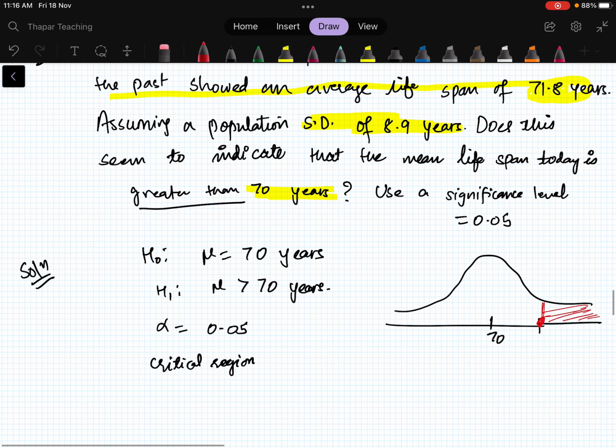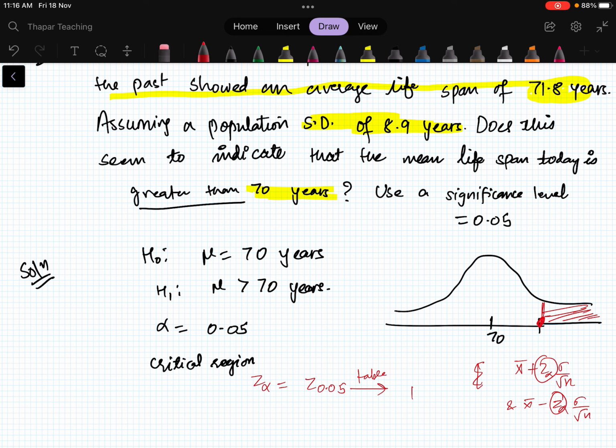So we are looking at z alpha, that is z 0.05. Do you remember? Our critical region, when you have one-sided bounds, in the last chapter, was like this. One-sided bounds were x bar plus z alpha sigma by square root of n, and x bar minus z alpha sigma by square root of n. So you had a z alpha here. You don't have z alpha by 2. And if you take this value from the table, this value is 1.645.